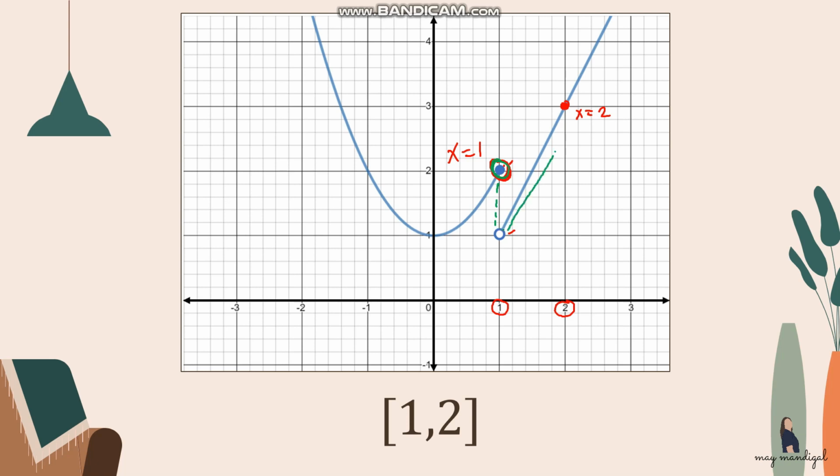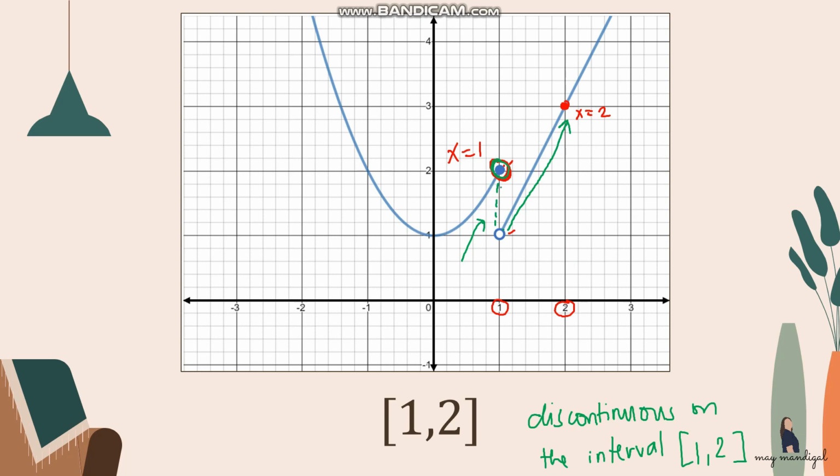So I can go straight to x equals 2. Since there is a gap or a break at this part, that means our function is discontinuous. So discontinuous on the interval [1, 2] included.